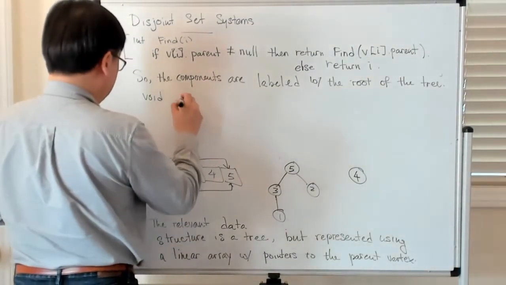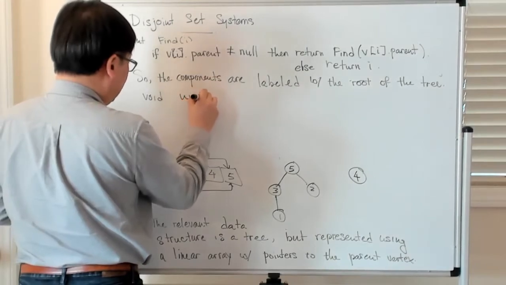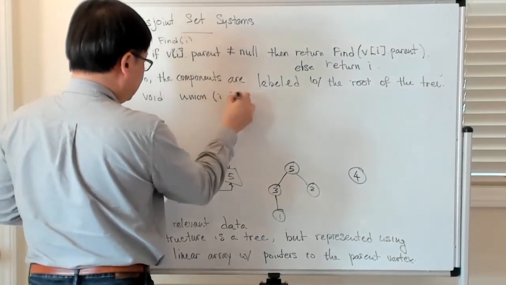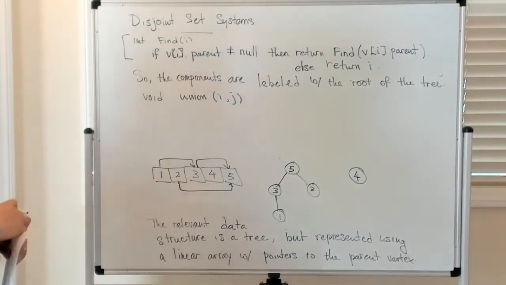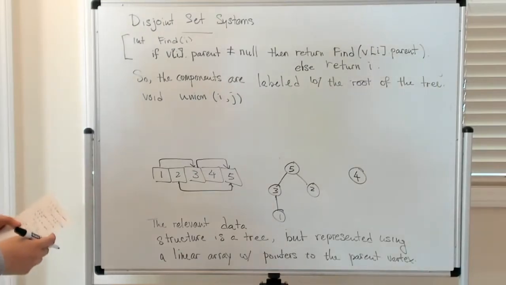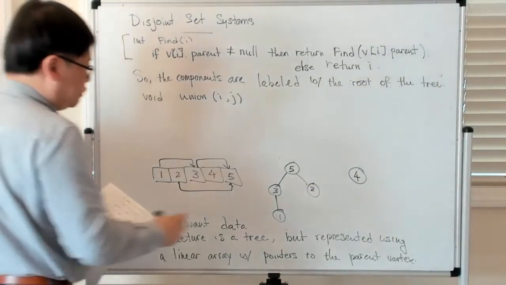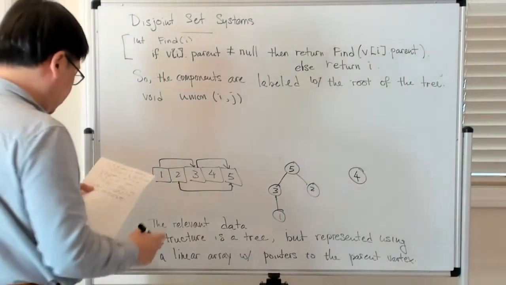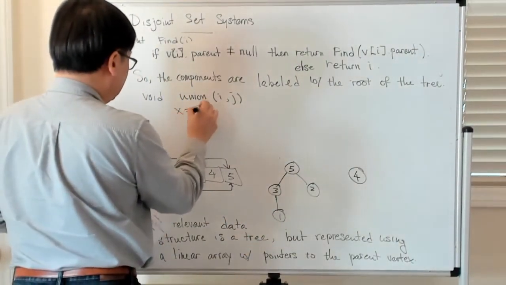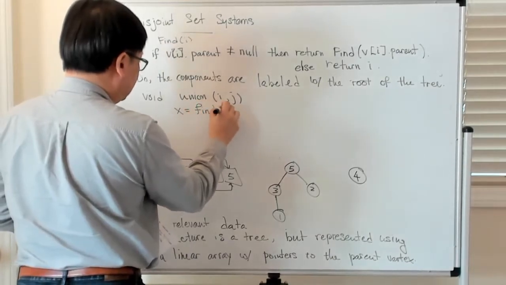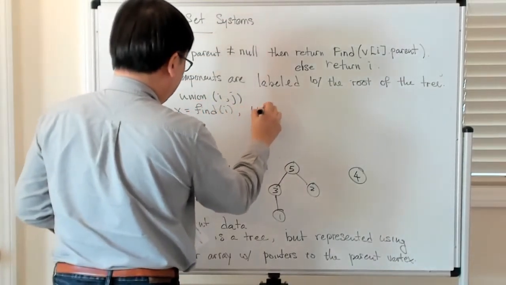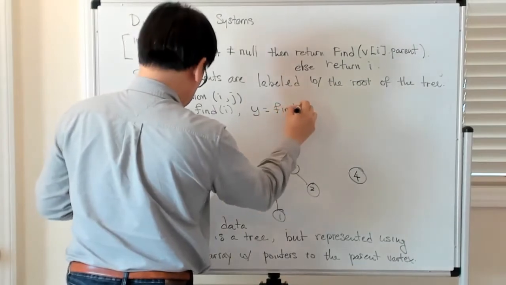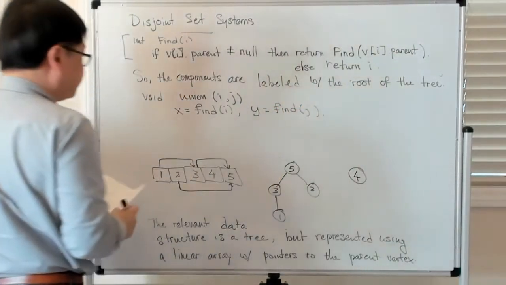If you want to take the union of the two sets associated with elements or vertices i and j, you first have to find the sets they belong to. So you let x be find(i) and y be find(j).